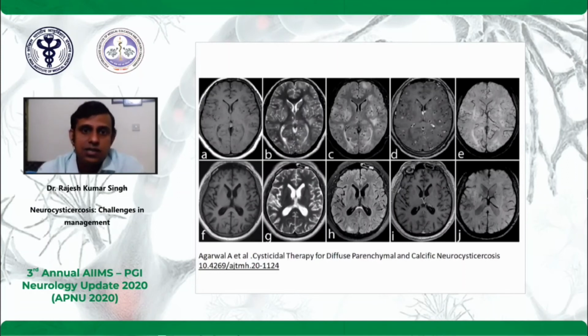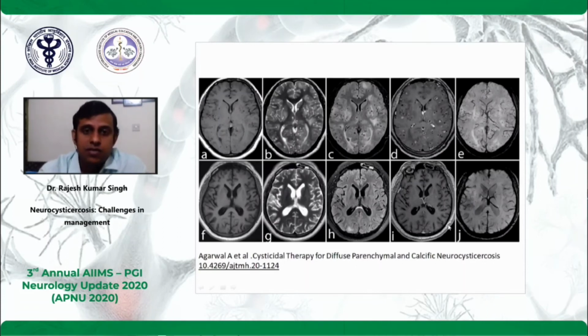But in these 3 patients they gave dual therapy, and you can see the lesions in T1, T2, FLAIR, T1 contrast, and SWI. There was almost complete resolution, even in some calcified lesions which were showing blooming. Many lesions improved.